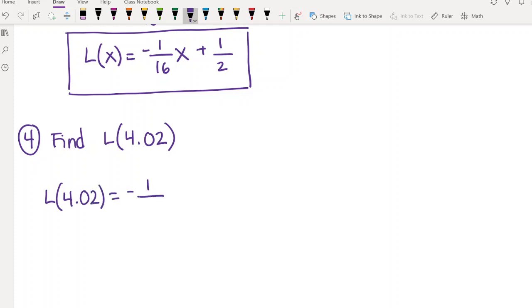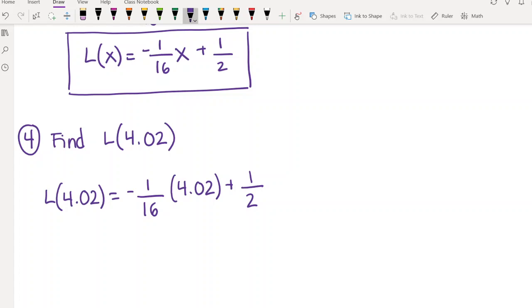It's way easier to type 1 over 4.02 into my calculator than to do all of this business. But again, it's more of a theoretical thing. Even though it's maybe more steps, and in this example it's not computationally simpler, the general principle is that plugging into a linear equation in many cases is computationally simpler.